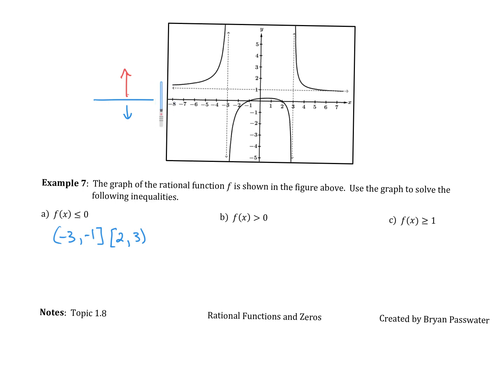From what? -infinity, all the way till what? -3. And then it's above right here too. So then from where to where? -1. Do I get to include -1, by the way? I do not get to. Why do I not get to? Because it's greater than, it's not equal to. So I do not get to include -1.